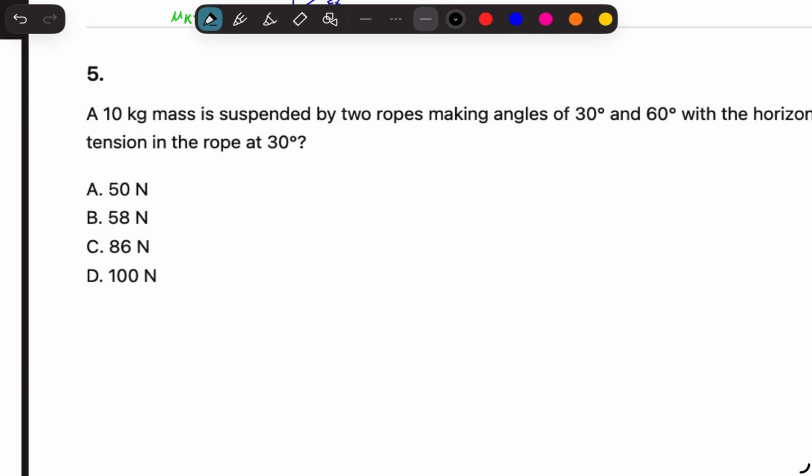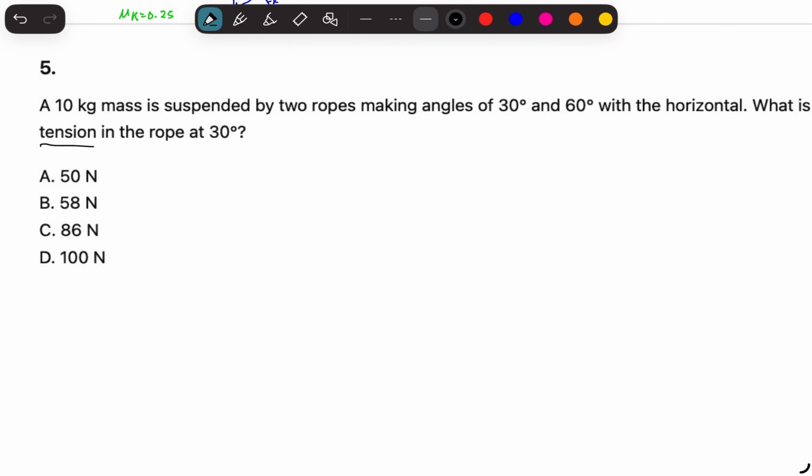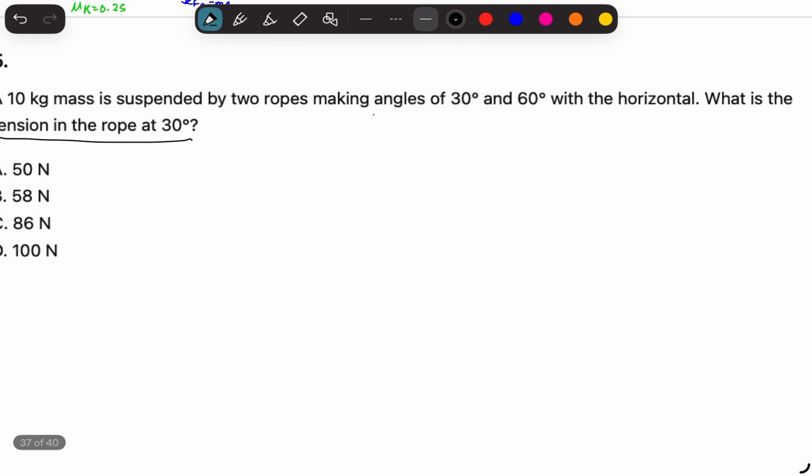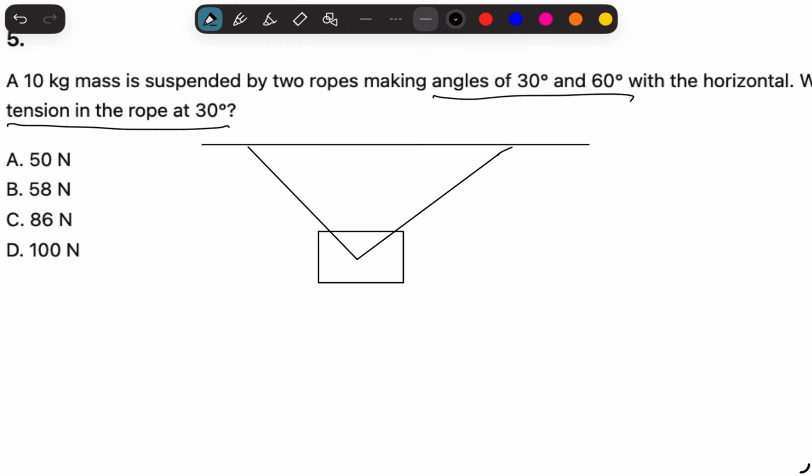A 10 kilogram mass is suspended by 2 ropes making angles of 30 degrees and 60 degrees with the horizontal. What is the tension of the rope at 30 degrees? So for this question, let's say we have a horizontal like this, and you have 30 degrees and 60 degrees.